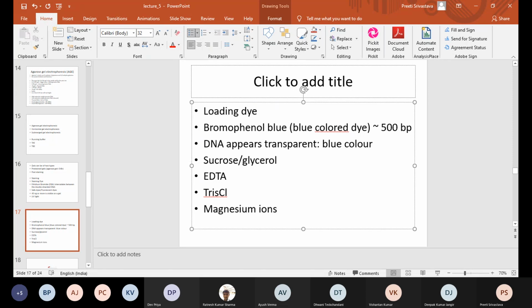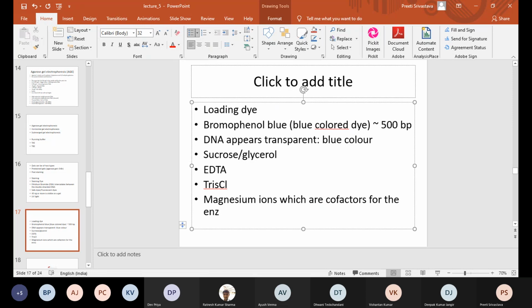These magnesium ions, please pay attention over here, are cofactors for the enzymes called DNases, which can degrade DNA. And therefore, when we preserve the DNA, it is also preserved in a buffer for long-term storage.